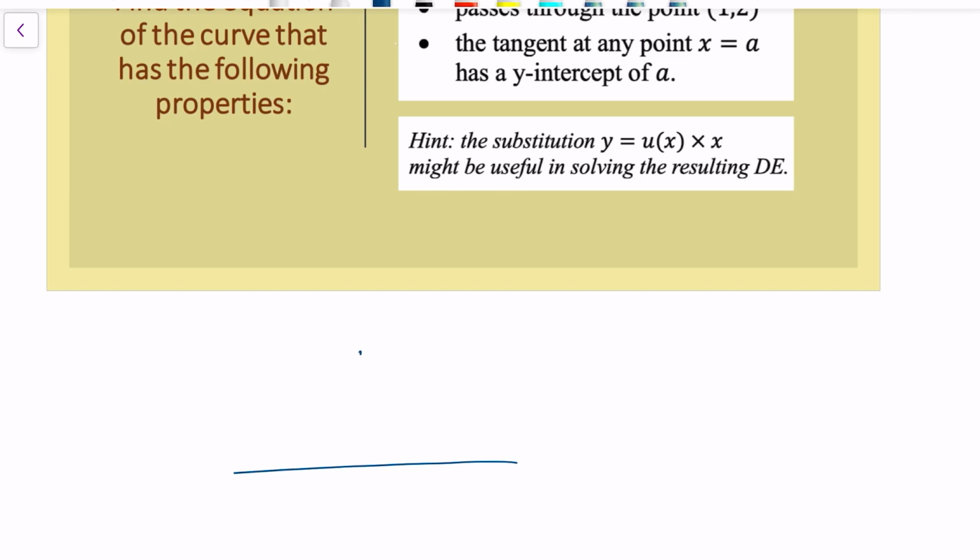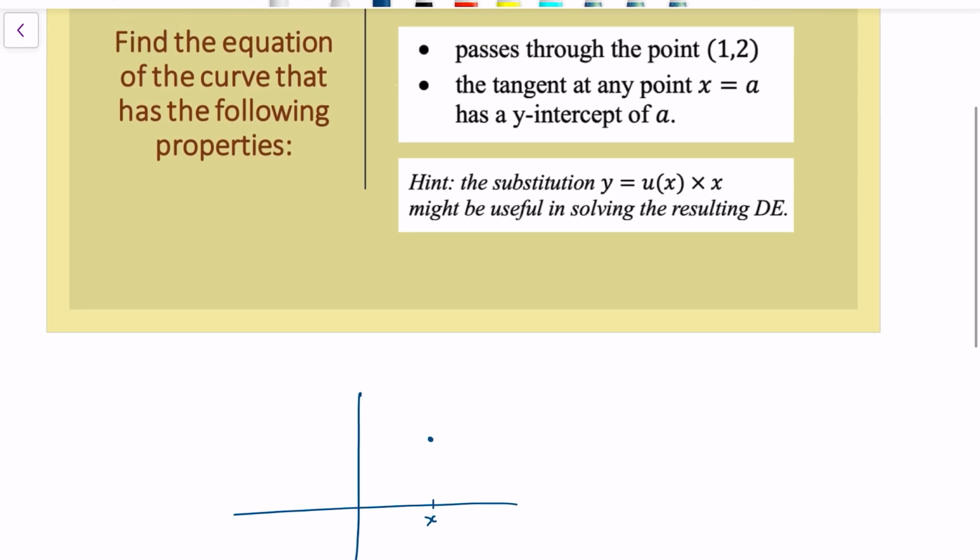So we've got some picture where at some point x equals a, and the reason why that's used is to talk about a specific point on the curve, but let's just say at any point x. At any point x, let's just draw some random curve, the tangent at this point goes through the y-axis at the value a.